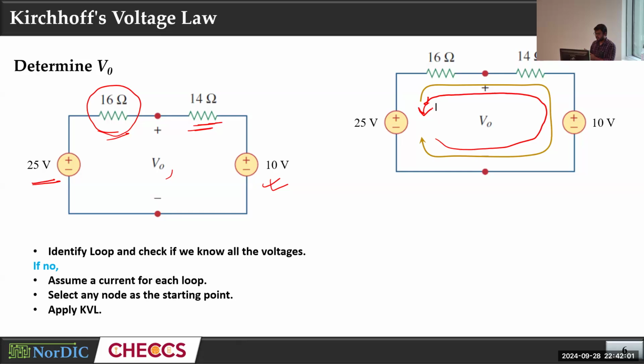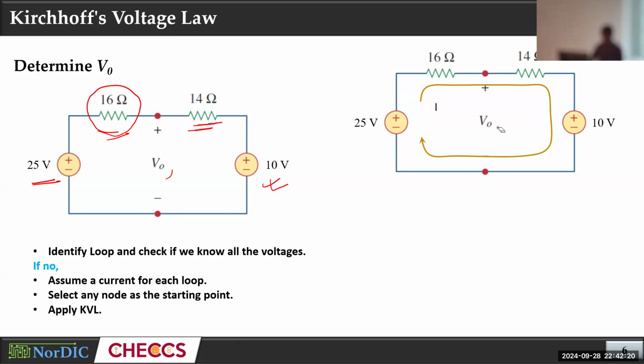If the person who assumes clockwise gets the positive current, the person who assumes counterclockwise will get the negative current. That's the only difference. So you can assume any direction you want, and let's assume this clockwise direction.